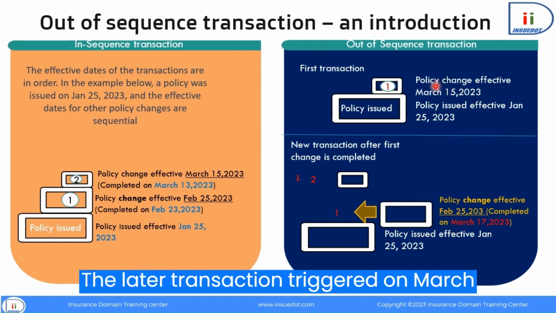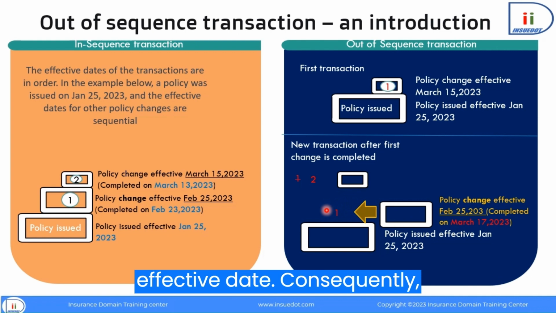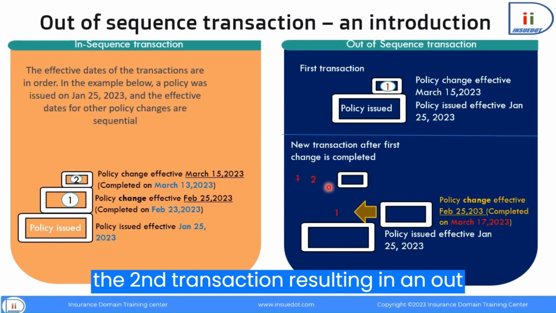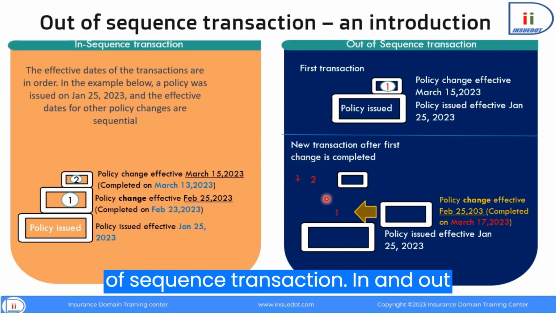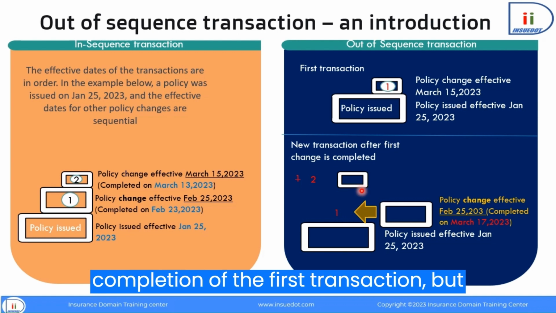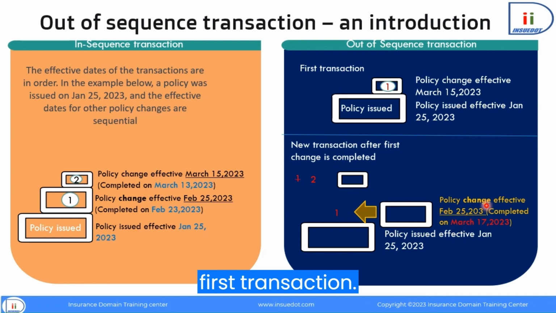The later transaction triggered on March 17, 2023, ideally should be the first transaction based on the effective date. Consequently, the initially first transaction becomes the second transaction, resulting in an out-of-sequence transaction. In an out-of-sequence scenario, a specific transaction is triggered after the completion of the first transaction, but its effective date precedes that of the first transaction.